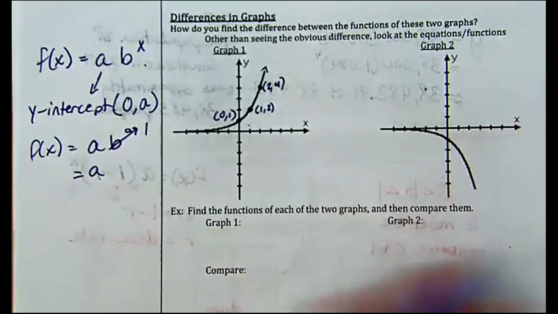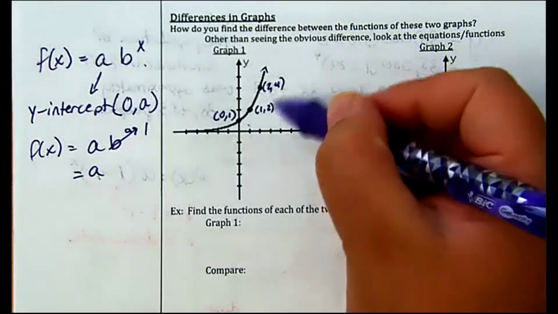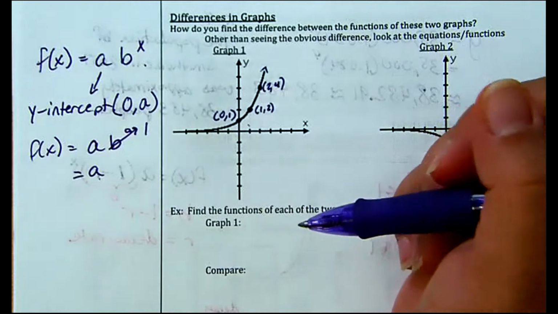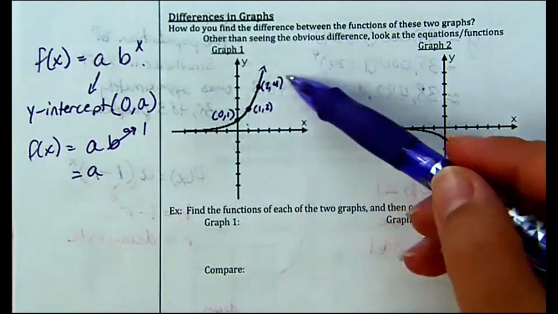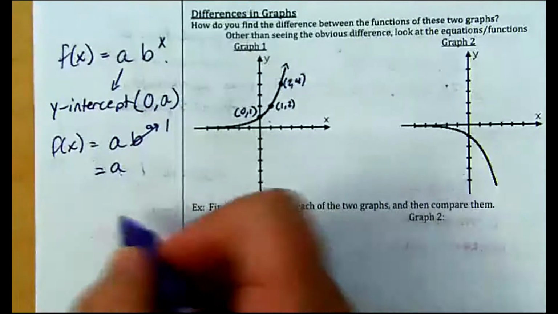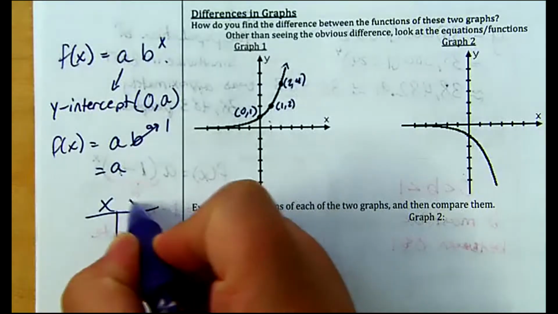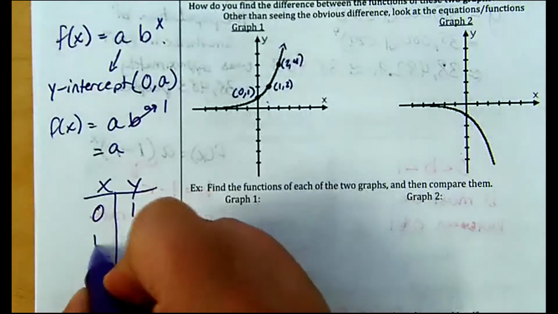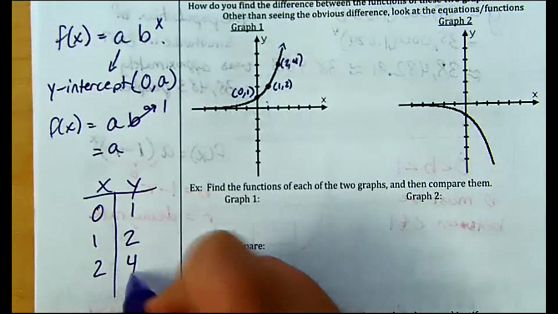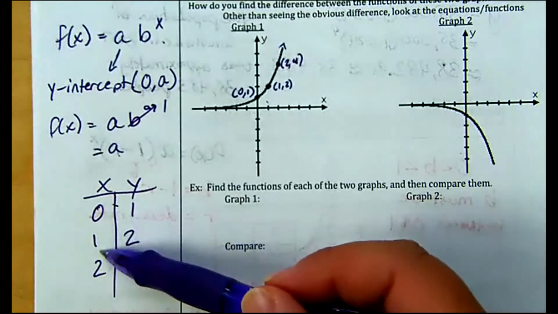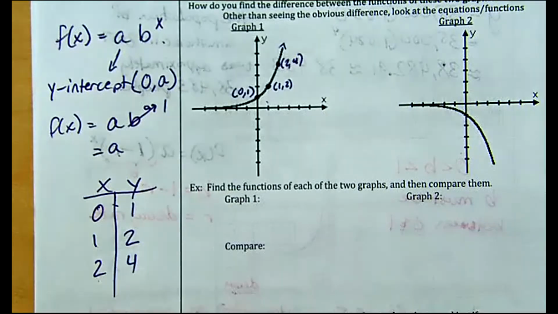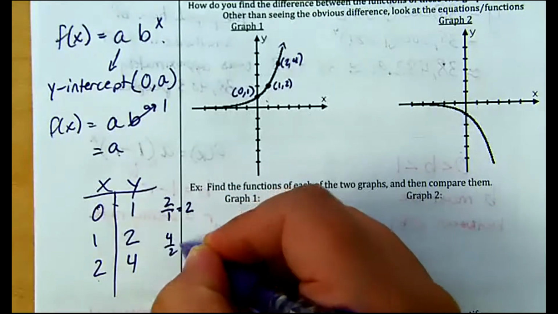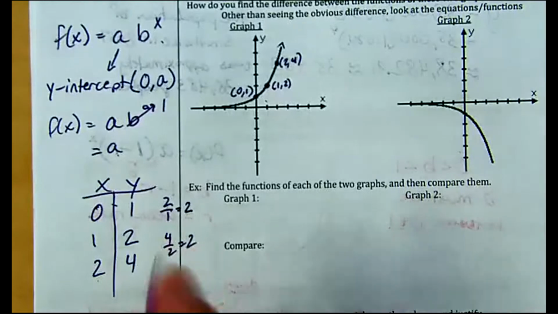So if I wanted to figure out my b, I could easily just do the division of the y's. So over here, in my t table, I can say, okay, when x is 0, y is 1; 1, 2; 2, 4. My x's are moving in the same increment, 1, 1. So I can do 2 divided by 1 is 2. And then 4 divided by 2 is 2. That means my b is 2.